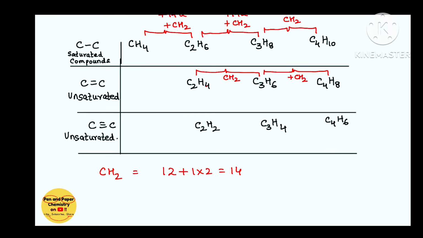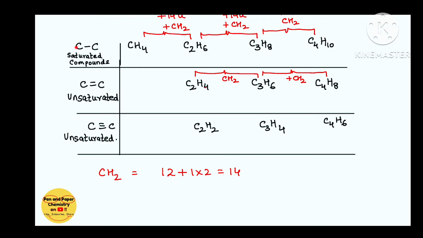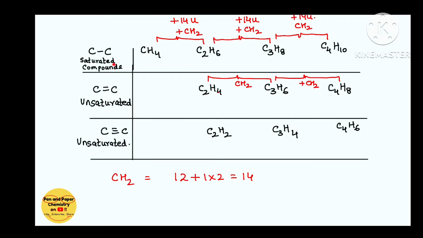So interestingly, in these saturated compounds, or more specifically hydrocarbons, because they are made up of only carbon and hydrogen, successive compounds differ by a CH2 group. They differ by a mass of 14 and they are similar in their chemical behavior as well.